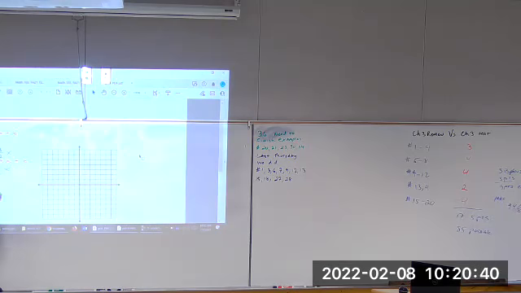So the slope is the coefficient of our x. So what is the coefficient of x right here? 3 over 2. And then b. Well, if you see nothing right there, what number would you add so we have nothing right there? There would have been a plus 0. So b is a 0. Because if you have y equals 3 over 2x plus 0, when you simplify, that's just y equals 3 over 2x.